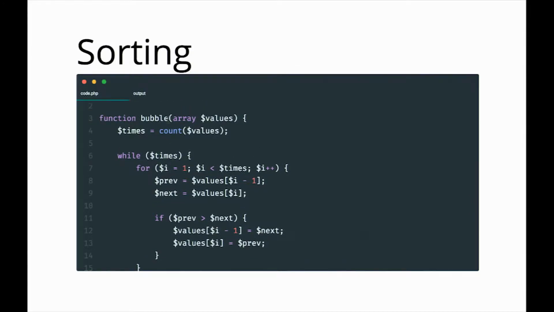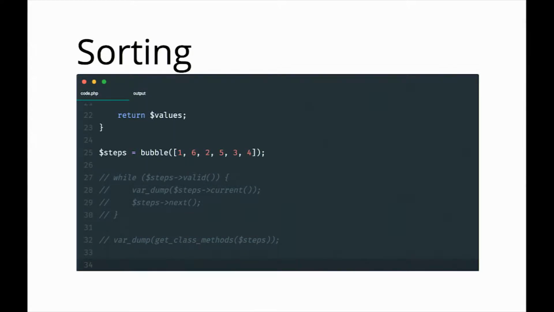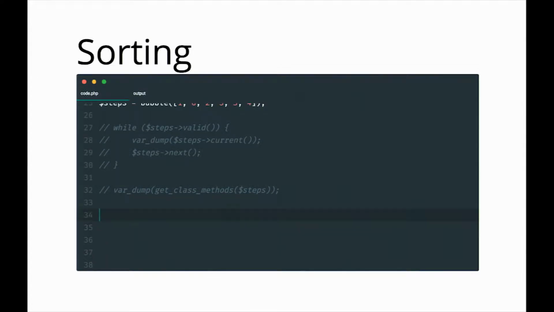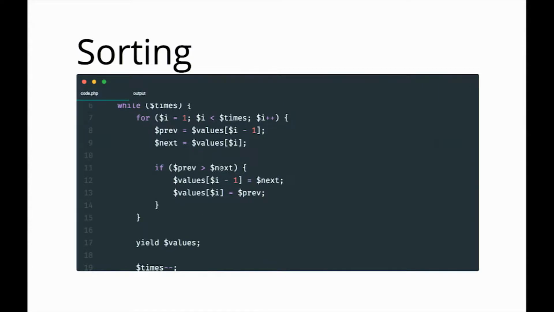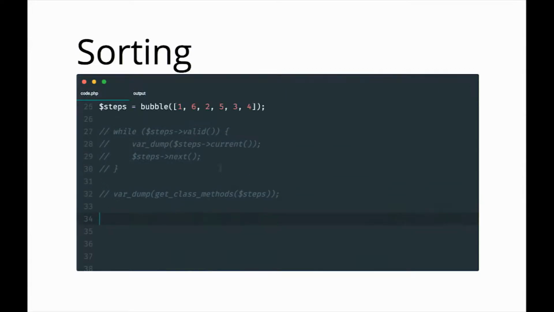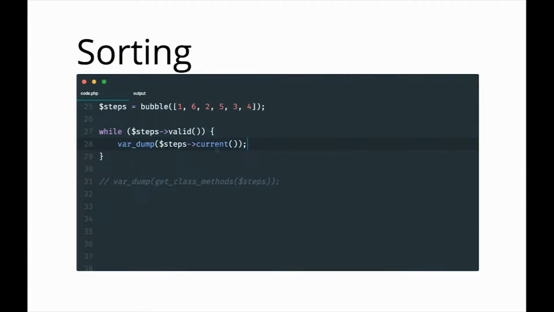So our bubble sorting is still a generator because we still have a yield in there. What's interesting about generators for me is that you can send values into them while they are iterating inside them. In the middle of this loop, we can actually send a value into the generator. To do that, we can hijack this thing that we had before, but instead of calling current, we can call send with a value.